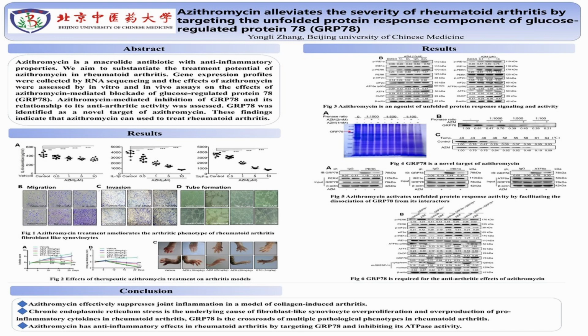Our finding is that the commonly used antibiotic azithromycin targets GRP7H and inhibits its ATPase activity, further supporting the potential of azithromycin as a rheumatoid arthritis treatment.